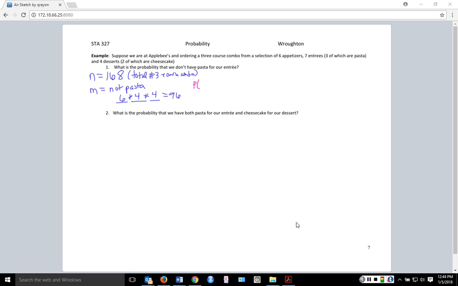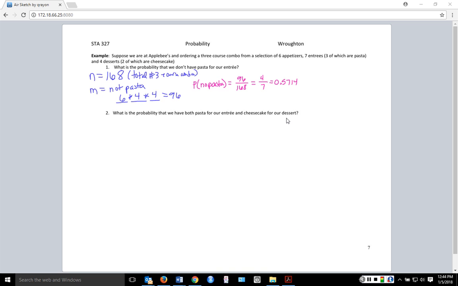So the probability of no pasta is equal to 96 out of 168, which we'll also notice simplifies to 4 out of 7. Total number of entrees, total number that aren't pasta. Right, so it didn't affect my appetizer or my dessert at all, so it really had no effect here on that part of the probability either.